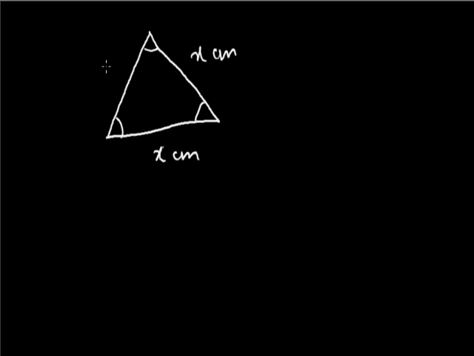For example, let us see a triangle having all its three sides equal and all its interior angles of equal measure. Suppose the measure of all its sides is x centimeters and all its interior angles are y degrees.